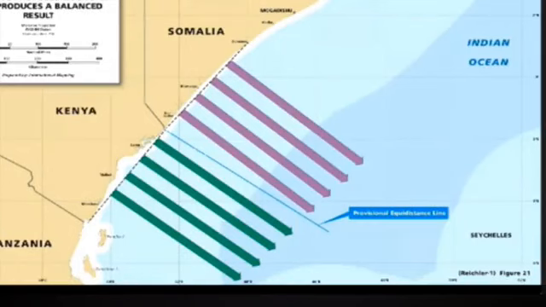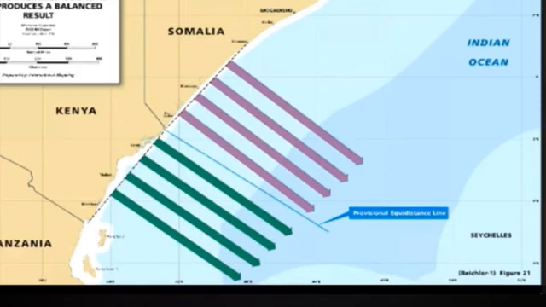Madam President, in addition to all of its other infirmities, Kenya's parallel of latitude fails to deliver an equitable solution. This is what an equitable solution looks like. It is the one Somalia proposes, and you have seen it before. The coast is a nearly straight line running from northeast to southwest.